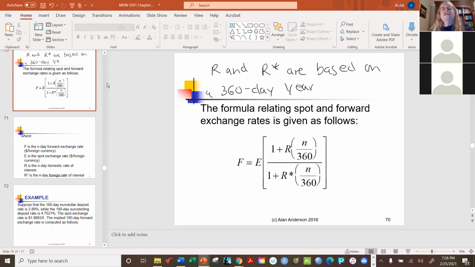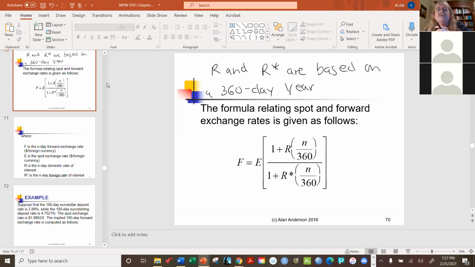Now, we know that's not obviously the case, but if you look at all the different markets in which interest rates are quoted, you can see that for some of them, we use a 360-day year, sometimes 365. Some of them we use what's called actual, which means in a leap year, there'd be 366. And we also see different conventions for the months.